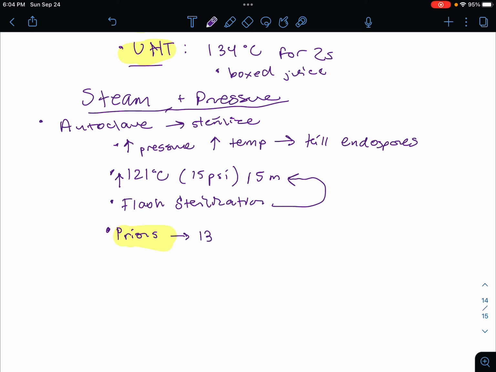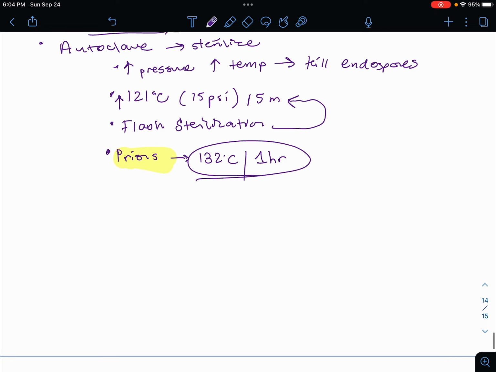So that's going to be 132 degrees Celsius for an hour. That is much more energy consuming, and look at that, 132 degrees Celsius for an hour. That is an extremely harsh condition, so that's going to be able to get rid of those prions, those infectious proteins.